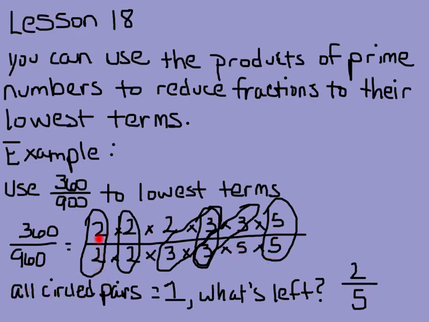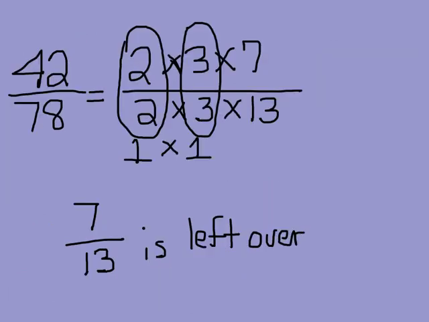So 2 over 2 equals 1, and 1 times 1 times 1 times 1 times 1 is still just 1. So whatever's left over, we had a 2 on the top and a 5 on the bottom. So this fraction reduces down to 2/5. Alright, go to the next page.